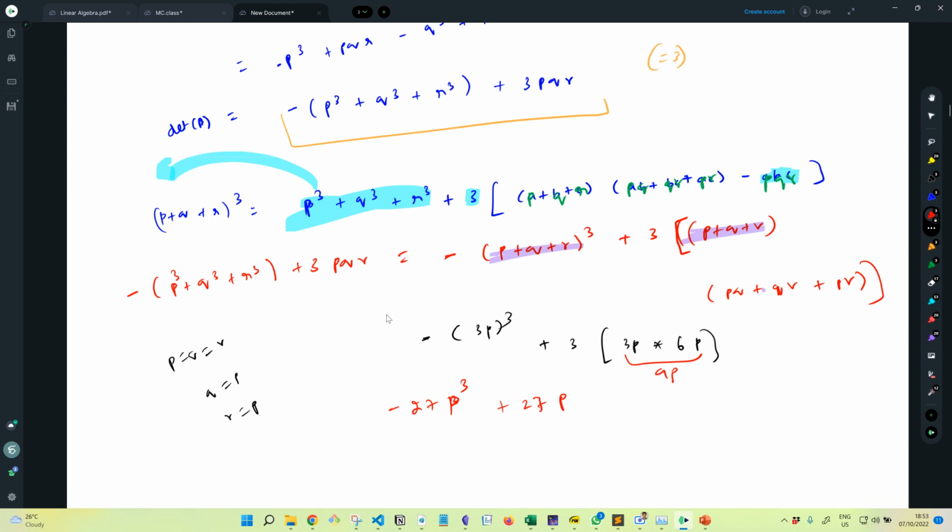There is some mistake again, is it? Yeah. So this will be 3P into 6P square, because when I substitute Q equals P, this will become P square, this will also become P square, and this will also become P square.